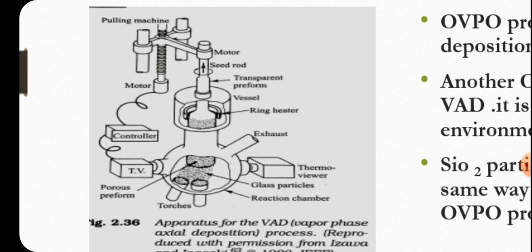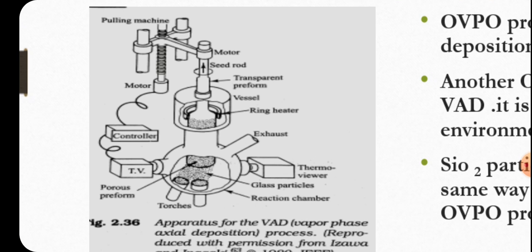Next is a vessel that contains the entire setup, and there is a ring heater that is used for the sintering process, and the exhaust is provided there.